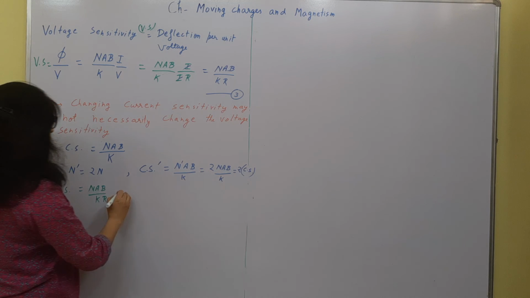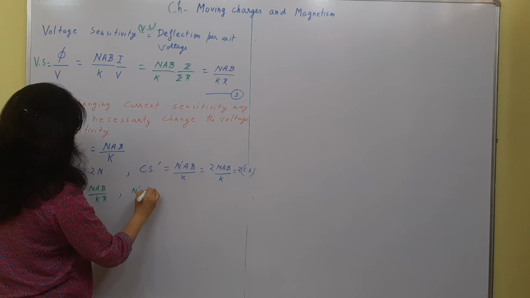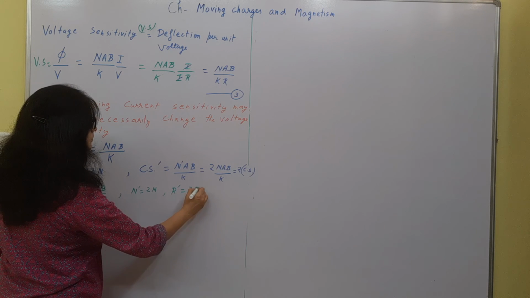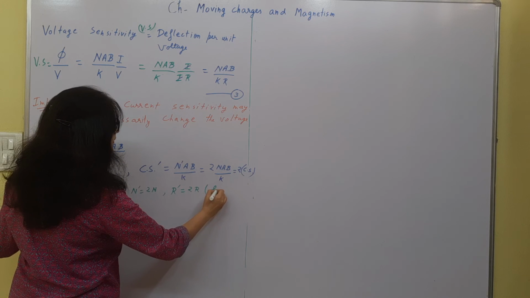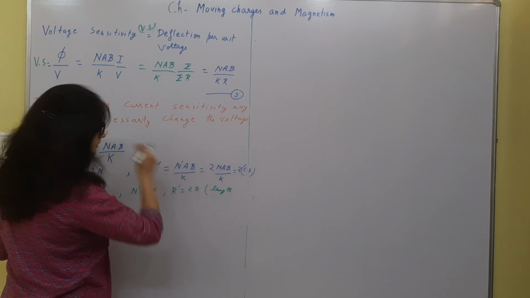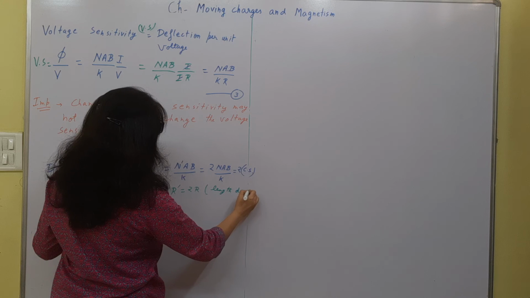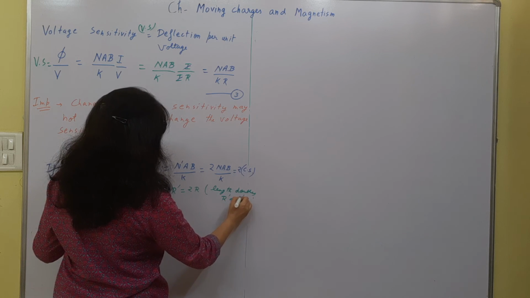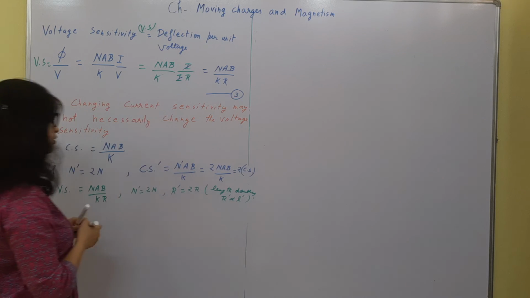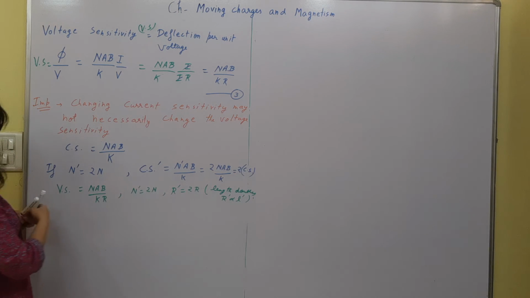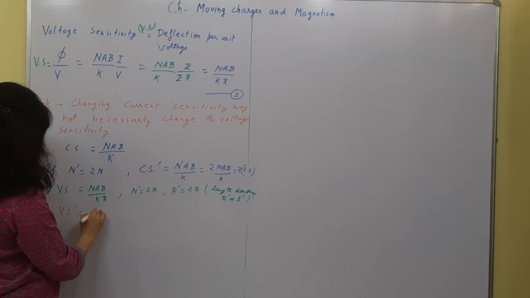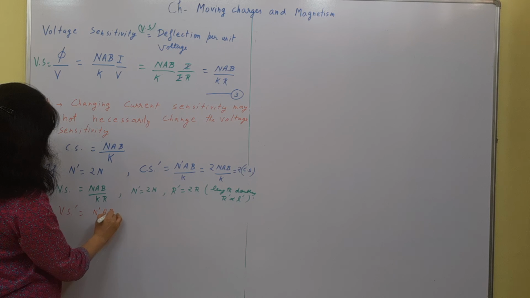So if N becomes N dash, which is 2 times of N, then the new resistance will also become 2 times, because length doubles and R dash is proportional to L dash, right? So resistance will also become 2 times. So Vs dash will be N dash, A is same, B is same, K is same, but R dash is different.